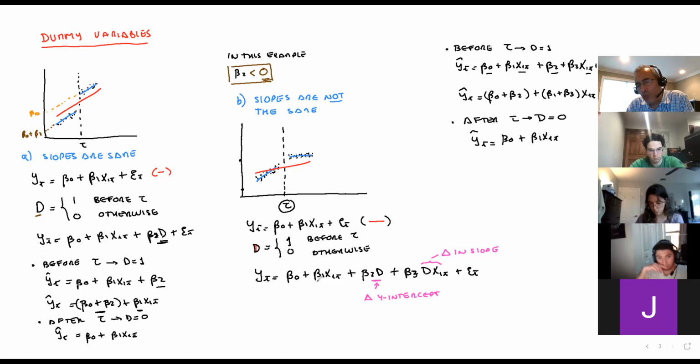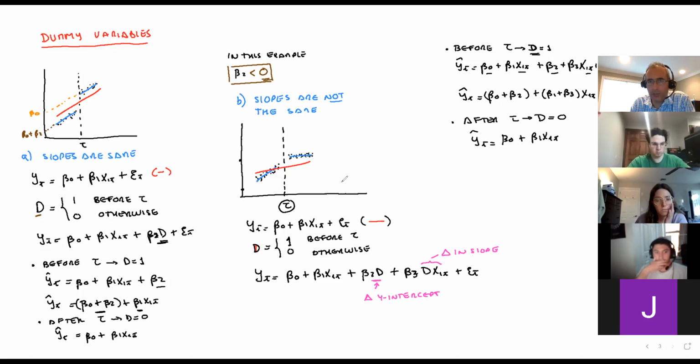Then you create your new model. You add beta 2 times D, which controls for the y-intercept. It's a constant. And this product of D times x1t considers the changes in the slope. Then if I'm in period 1, this implies that D equals 1, correct?